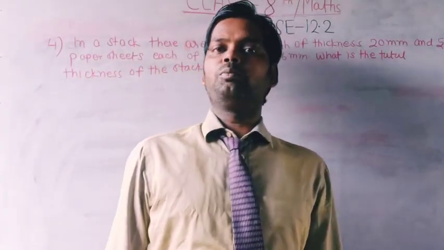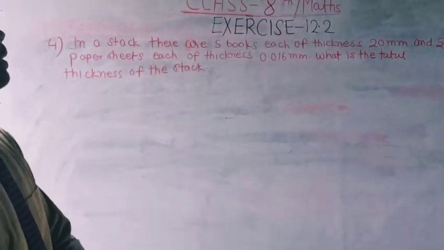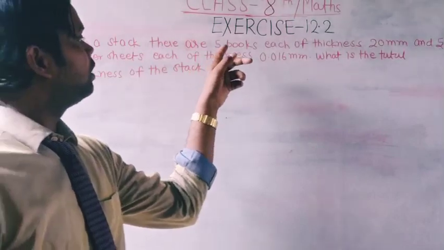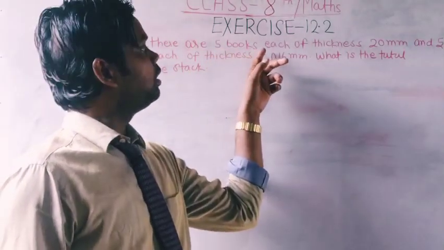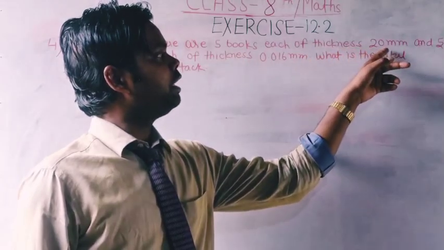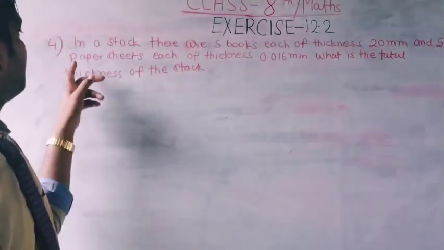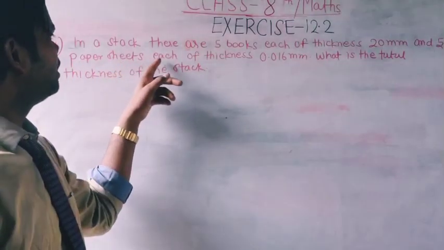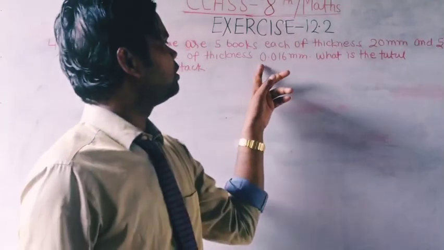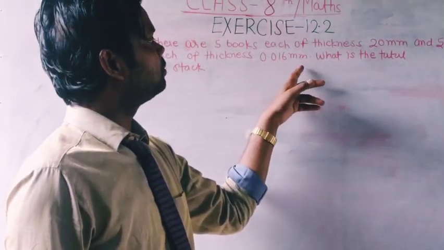Okay children, now move to question number 4. In this question it has been said that in a stack there are 5 books, each of thickness 20 mm, and 5 paper sheets, each of thickness 0.016 mm.